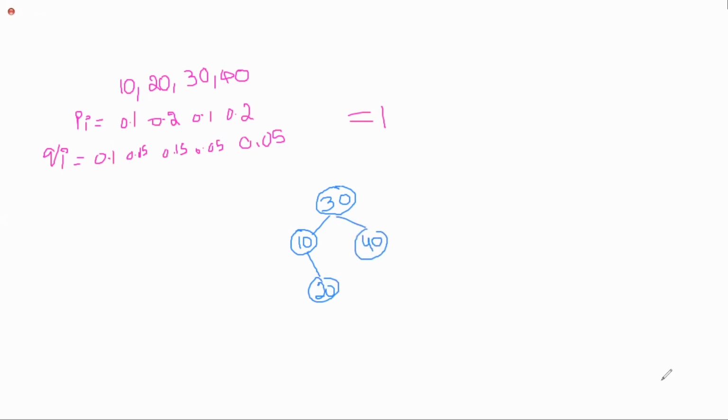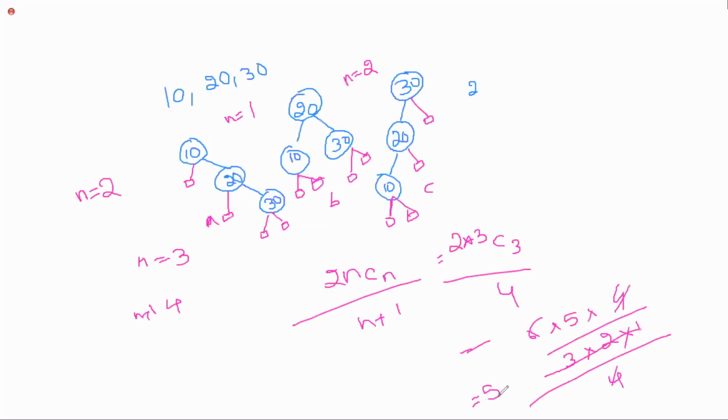Before this, I already told you that 5 trees are possible. What are the remaining trees I can draw? I can draw 30 here, 10 here, and 20. This is the fourth possibility of that tree.